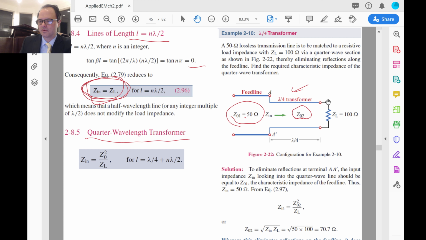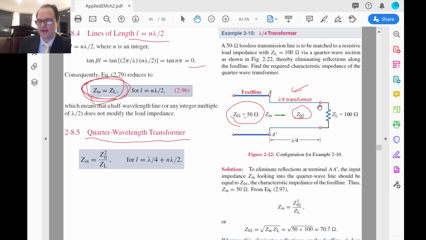We want to put in a quarter wavelength transformer so that Z sub in, the input impedance, is 50 ohms. And again, Z in represents the impedance that the wave sees as it gets to this point right here, A prime. So if the input impedance is 50 ohms, this wave sees just the same material, the same type of wire as it's been going down. So there will be no reflection at all of the wave.